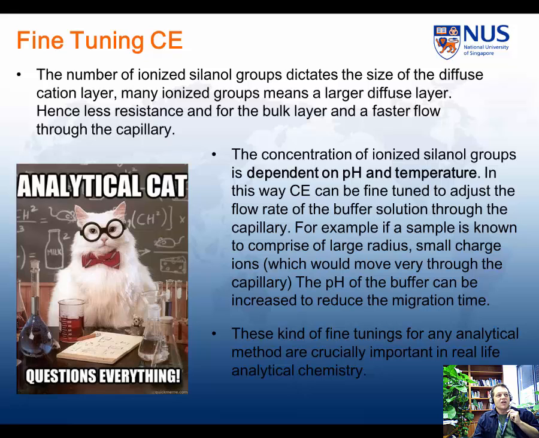The more ionized silanol groups you have, the larger diffuse layer you'll have, and effectively the faster the flow. You don't get as much resistance in the capillary. Now, the concentration of these ionized silanol groups you can control. Temperature, yes, but pH crucially.